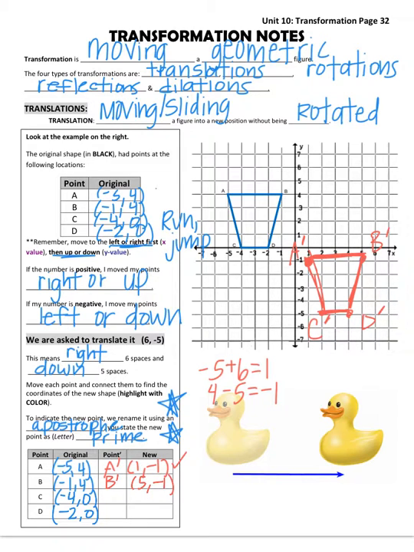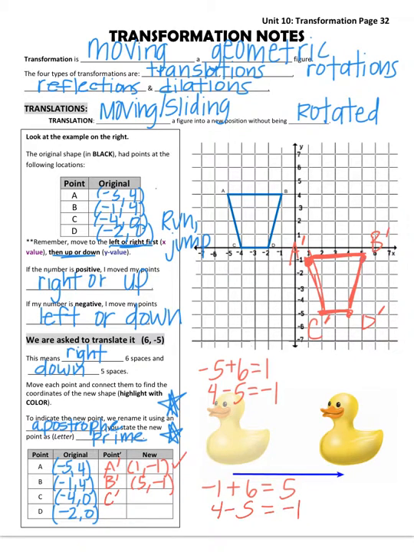Let's check that mathematically. So the x value was originally -1. When we add 6 to it, -1 plus 6, you do get 5. When we subtract 5 from the y value, 4 minus 5 is -1, so that's right.